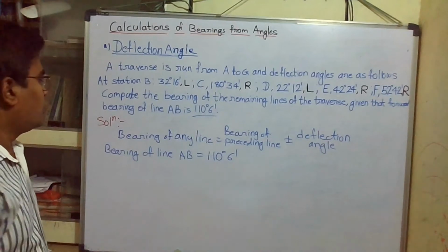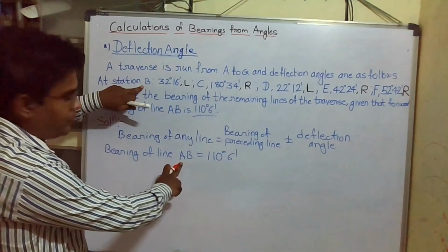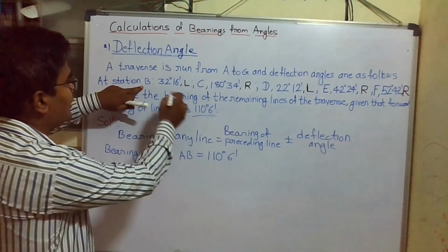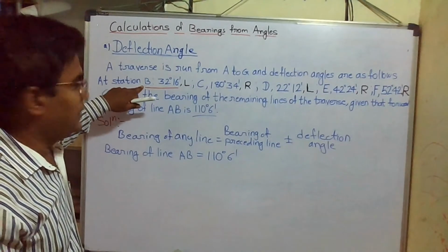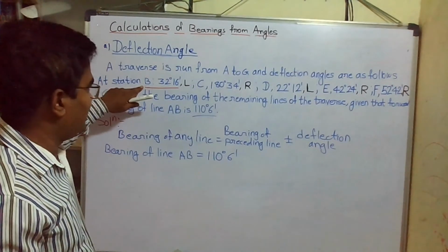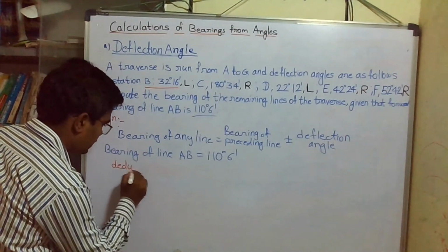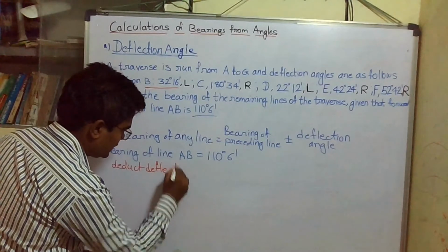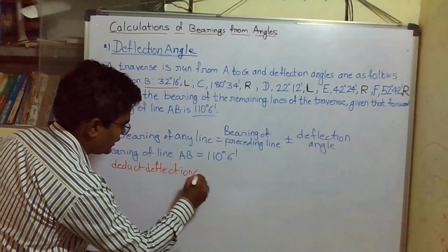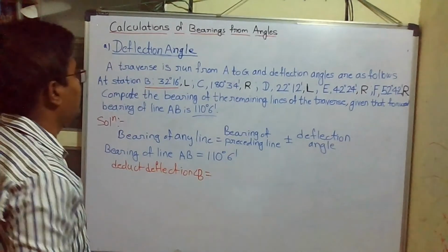Next is station B. At station B, what is the deflection angle? It is 32 degrees 16 minutes and the deflection is left hand side. Here, how can we deduct the deflection angle B?